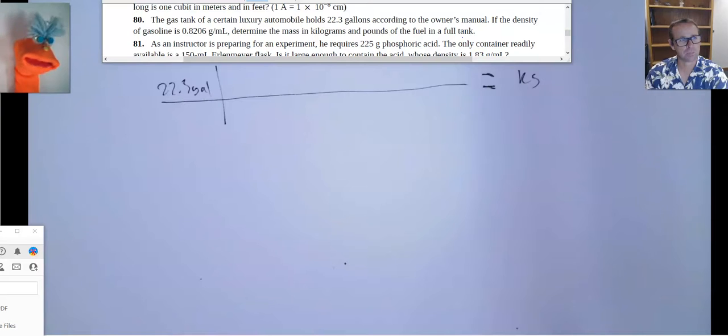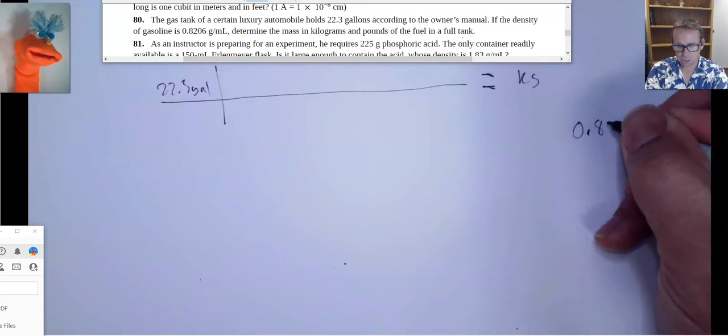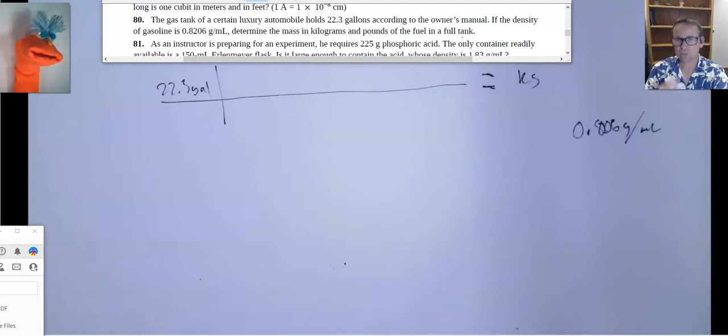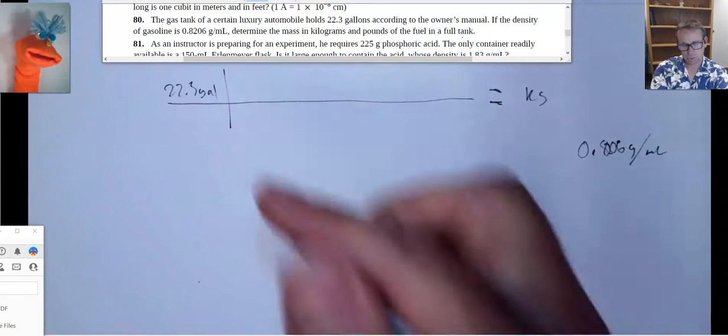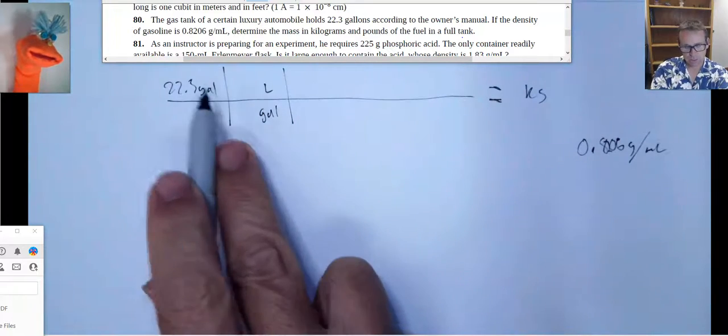Well, they tell you 0.8206 grams per milliliter. I'll write that down. How does that help me? Well, you can go from gallons to liters, and your gallons need to be on bottom.